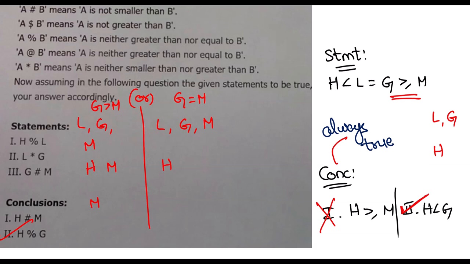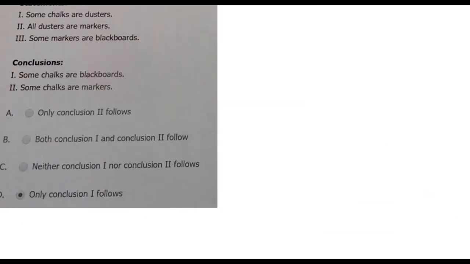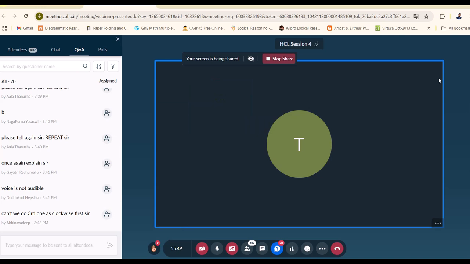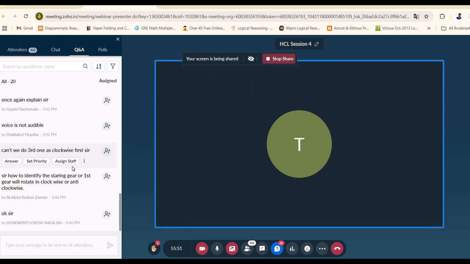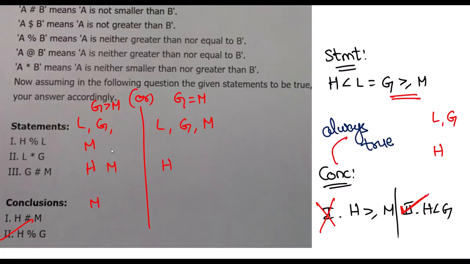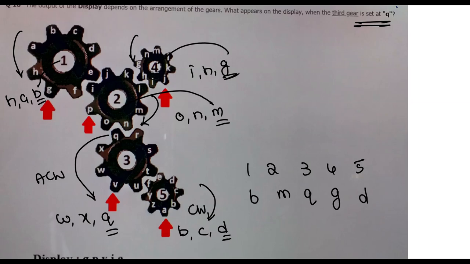Got it. See the next one. Statements and conclusions. Ignore the options they selected here. In the previous one, how do you identify the starting gear, or first gear, while rotating clockwise or anti-clockwise? In that question they mention the third gear is set as Q. When the third is right now V and I want to set it as Q, I have to rotate this way or this way.